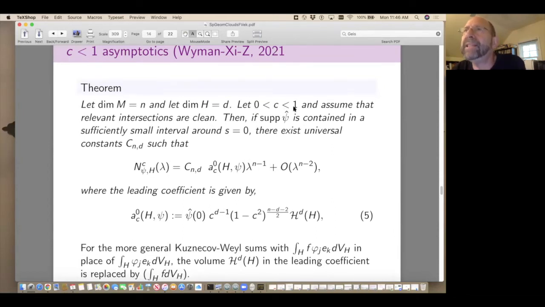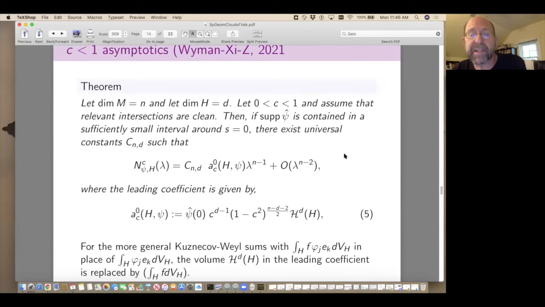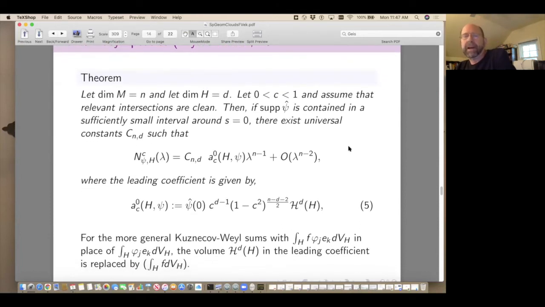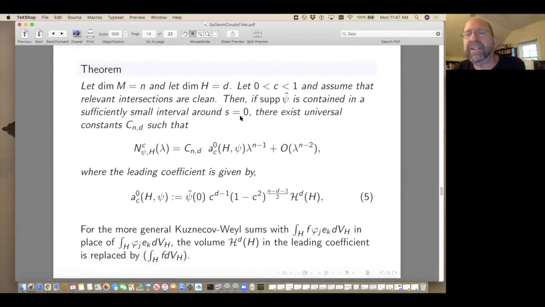But we make it less than 1, which means we're staying away from the edge. Moreover, we're not making any assumptions whatsoever on the metric and no assumptions on the submanifold. I don't really want to explain this assumption here because we don't really need it. It's just more technical to state the result without it.